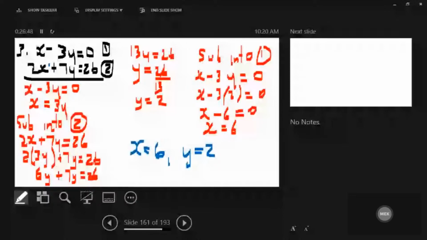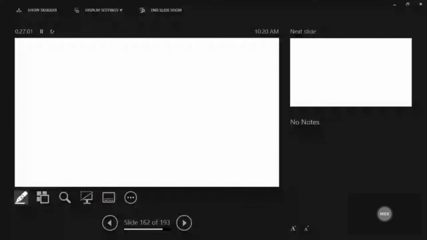Example 4, and then we'll be halfway there. So example 4: negative 9x plus 8y equals 72.